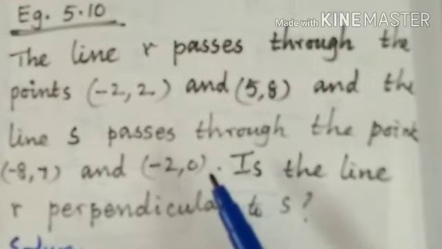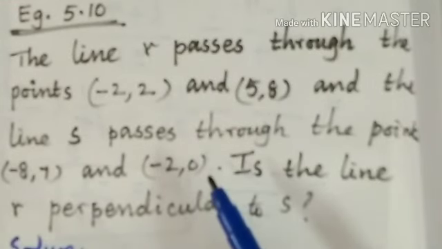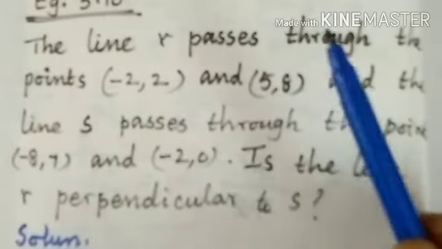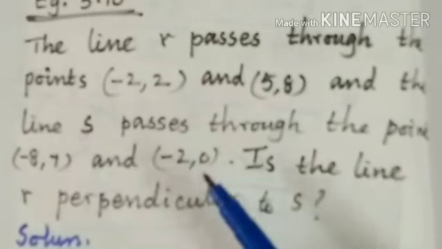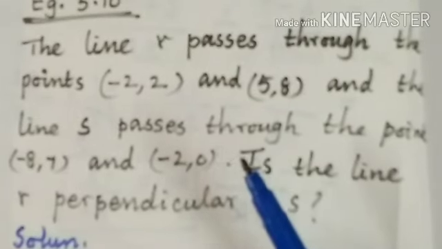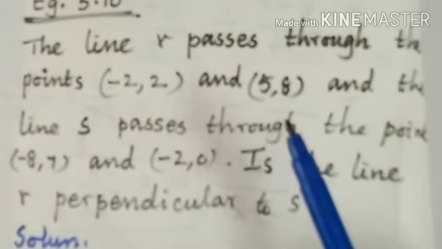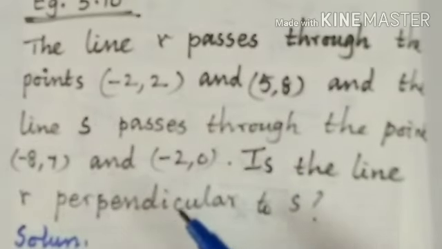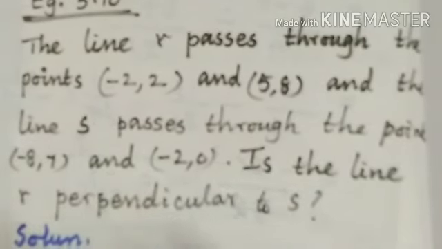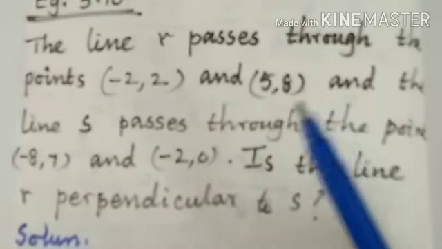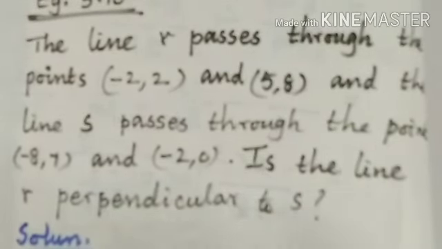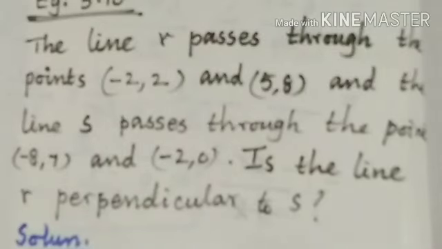Then next you have to find the slope of the line S, that is m2. And then you have to find the product of these two slopes. If you get minus 1, it means R is perpendicular to S. Suppose you do not get minus 1, then R is not perpendicular to S.